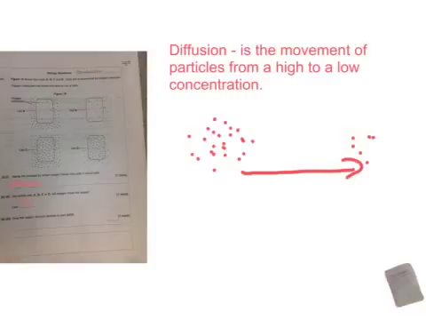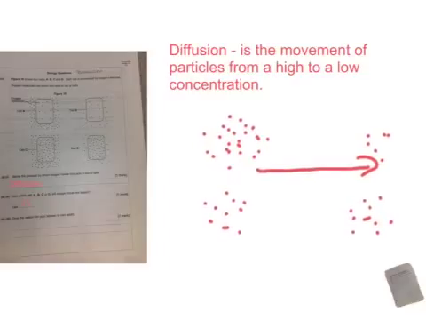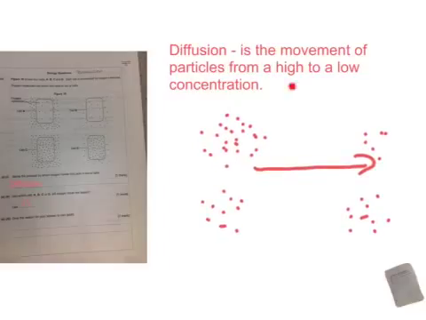So what that would result in is something that looks a bit like this. So the particles are now more evenly spread out. Okay, so that was our answer. So this is your answer for that question. I'm not going to write it in on the sheet for you. So it's the movement of particles from a high to a low concentration.